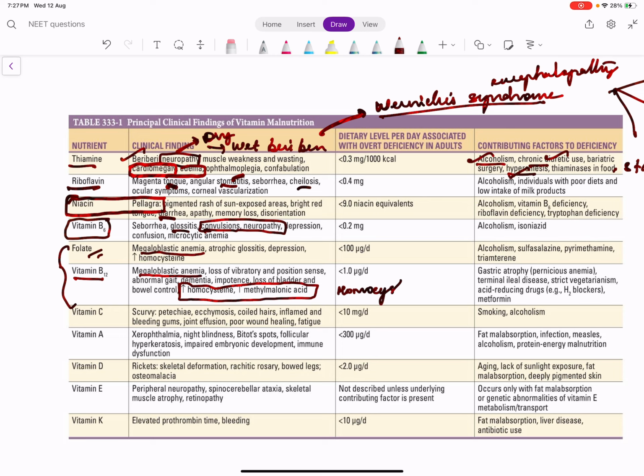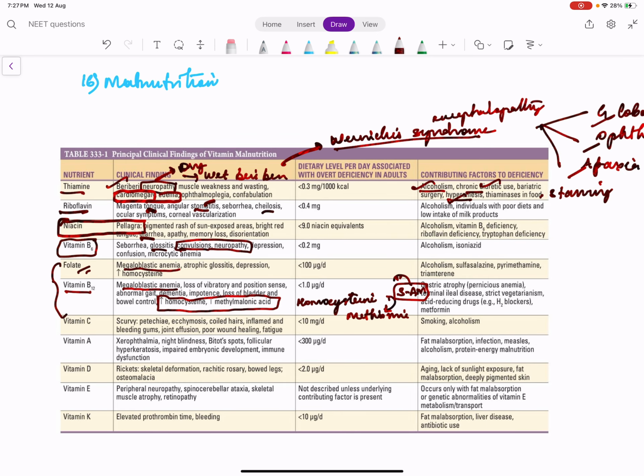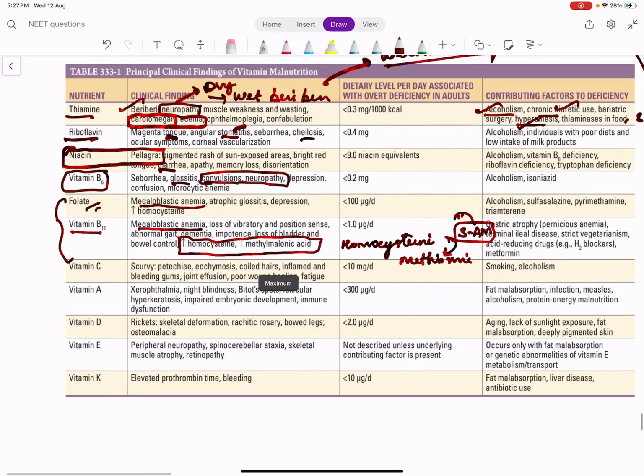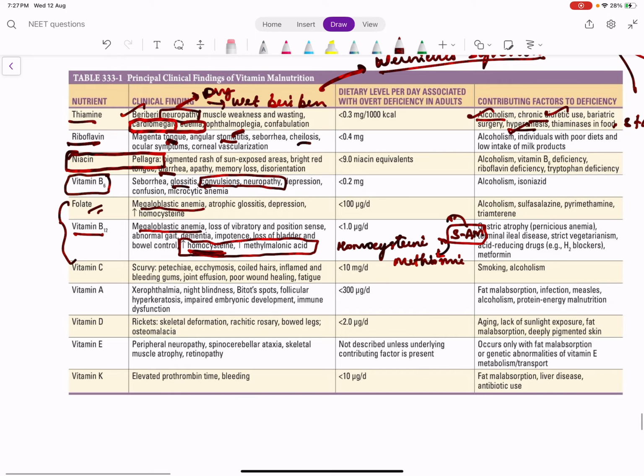One important function of B12 is to convert homocysteine to methionine. There is something called S-adenosyl methionine, so that is the cofactor here. So when B12 is absent, this homocysteine to methionine conversion does not occur and homocysteine accumulates. Excess homocysteine accumulation leads to many problems in the body. One among them is that it can cause premature stroke, etc.